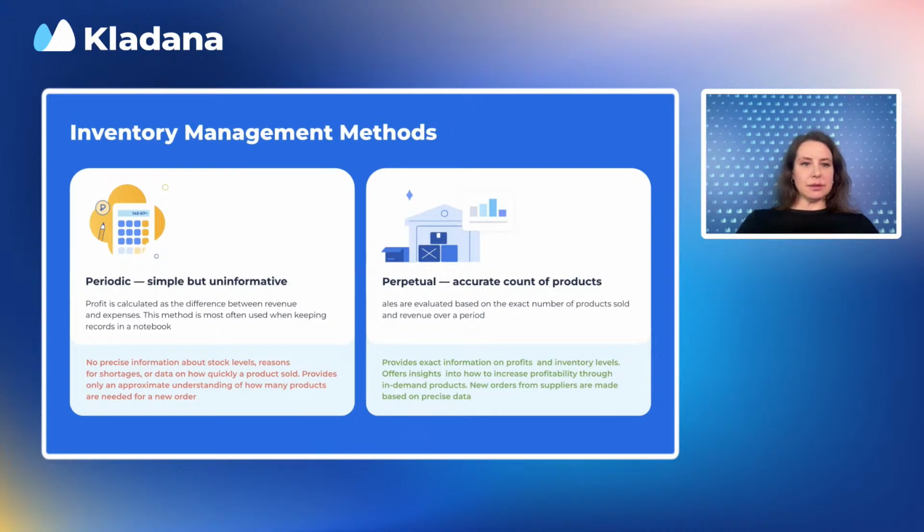This method is easy to keep, and that's why people usually use it when they keep records in their notebooks. Perpetual is more used because it helps to count more accurately, and it provides exact information on profits and inventory levels.